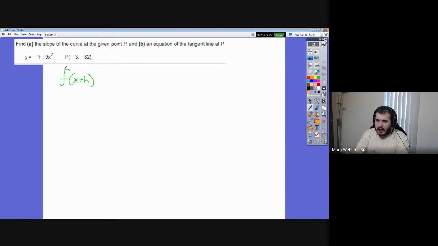Again, the f of something is your y. And these are your x values. This is just what was on the inside here is down here. What was on the inside here is down here. You can actually simplify this to look like this.